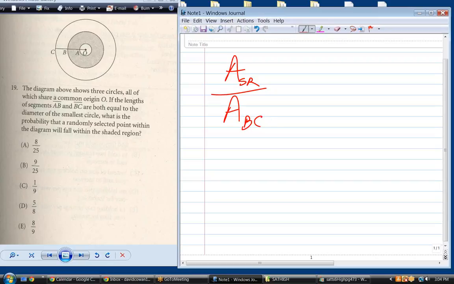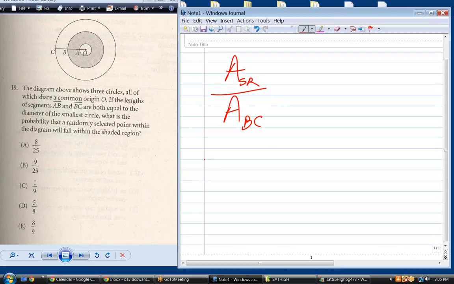Now, they haven't given us any measurements. They haven't given us diameters or radiuses or anything. But since they're asking about a ratio, that's probably going to cancel out. So we can use a variable, and undoubtedly, it's going to disappear by the time we get done.